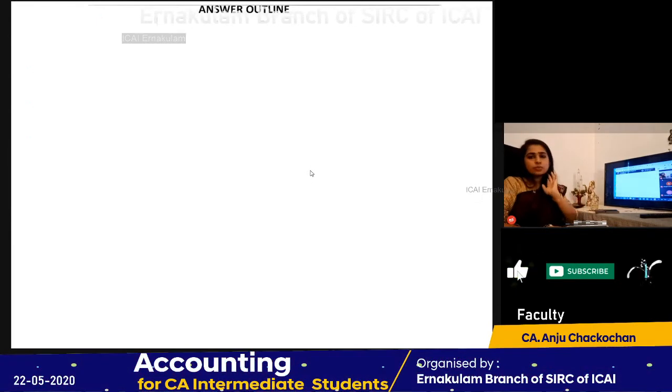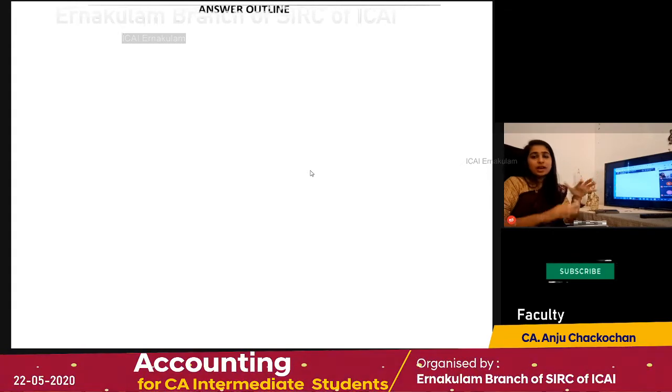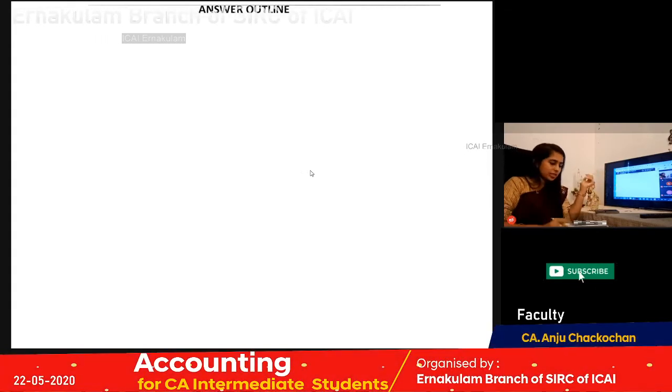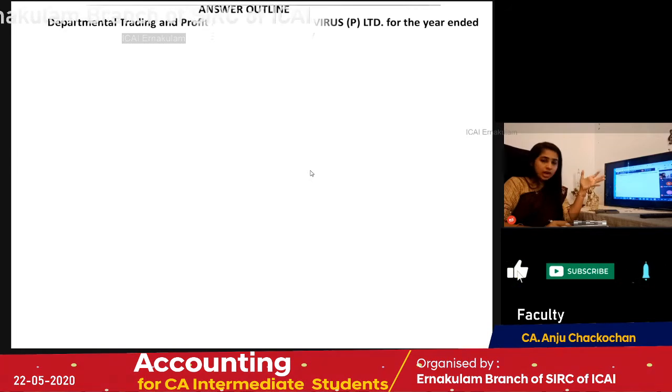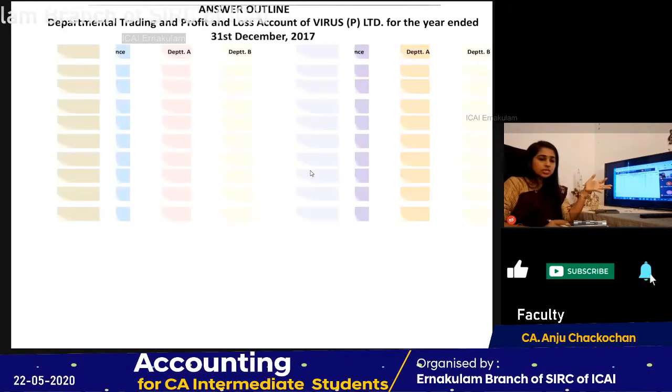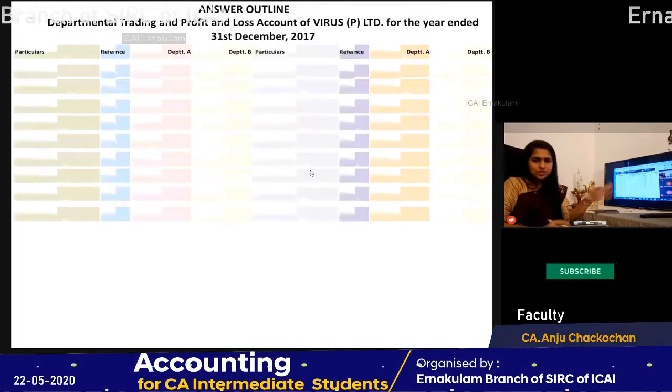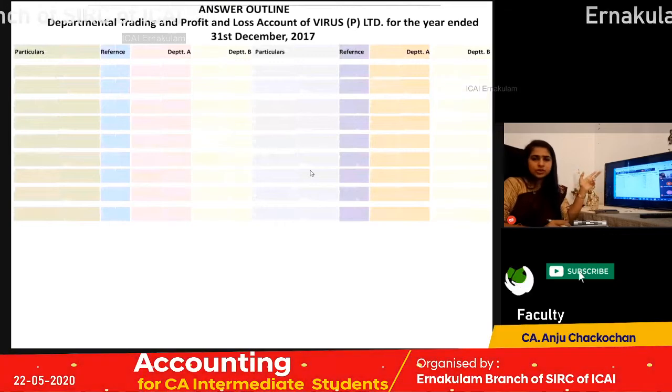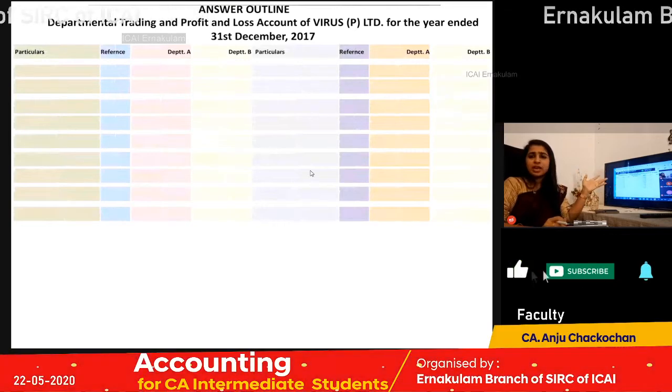What are we actually asked to prepare? We are asked to prepare the departmental trading account and also the consolidated P&L. Okay, so here we have the answer outline. Students, please take down the answer outline. It is a normal trading account with two amount columns, one reference column and a particulars column.